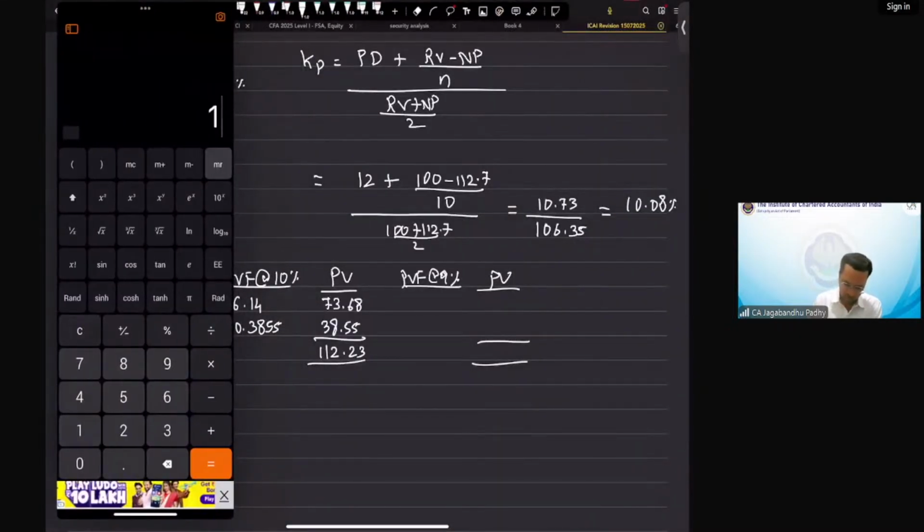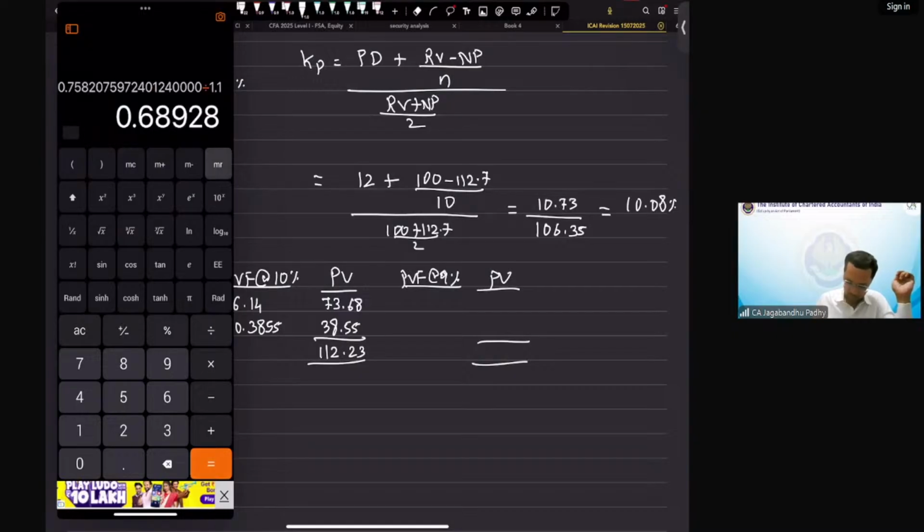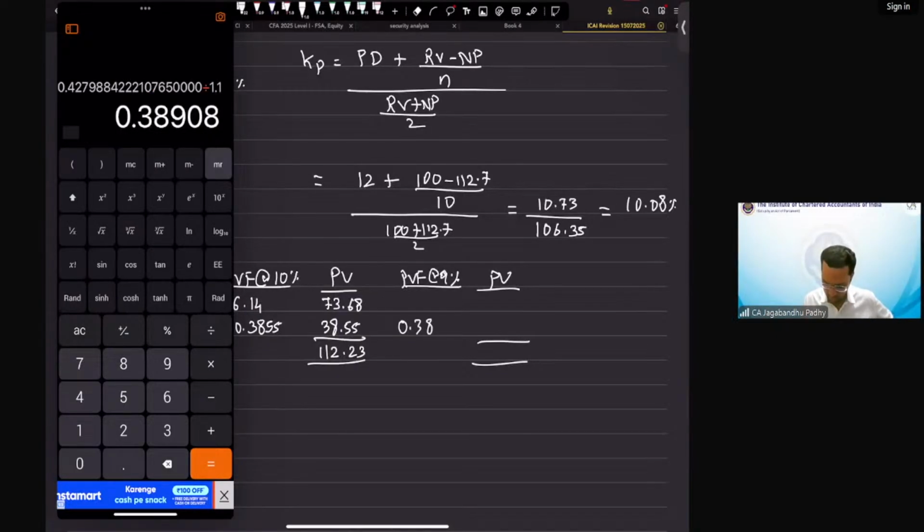This is 1 divided by 1.09 for 1 year, 2, 3, 4, 5, 6, 7, 8, 9, 10. The factor is 0.3891.